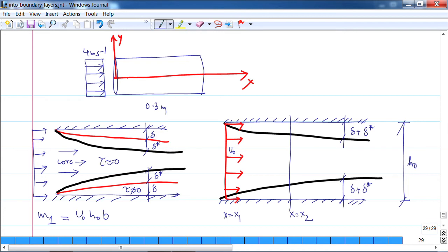So, this is the total mass flow through x1.